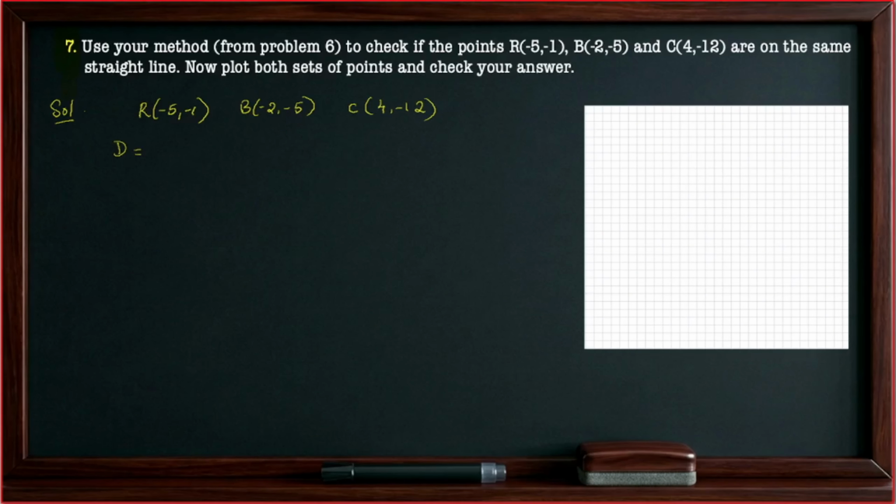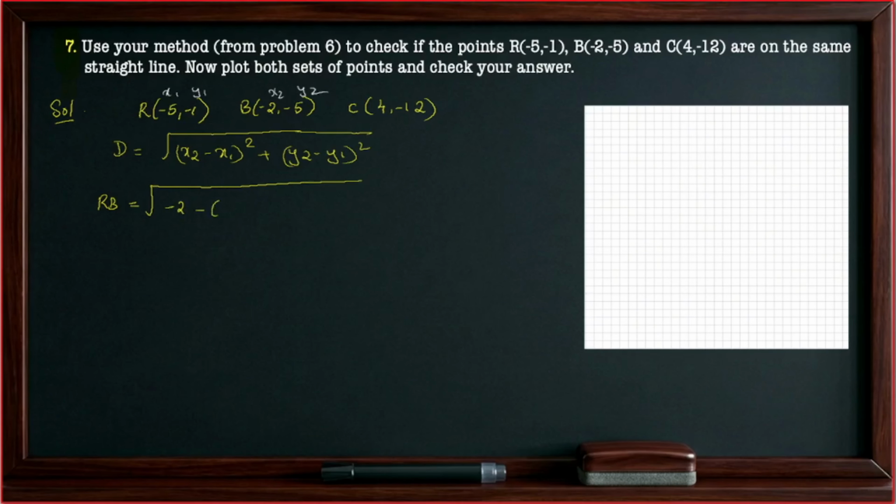D is equal to root of x2 minus x1 the whole square plus y2 minus y1 the whole square. AB is equal to, here this is x1, y1, this is x2, y2. So we are going to substitute the values. That is root of x2, which is -2, minus -5, the whole square, plus -5 minus -1, the whole square.